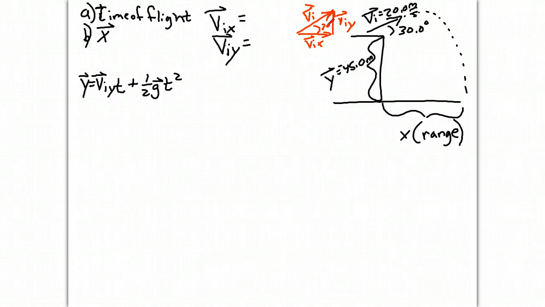We put the 30-degree angle in there. As you can see, VIX will be the cosine because it is adjacent, and VIY will be using sine.